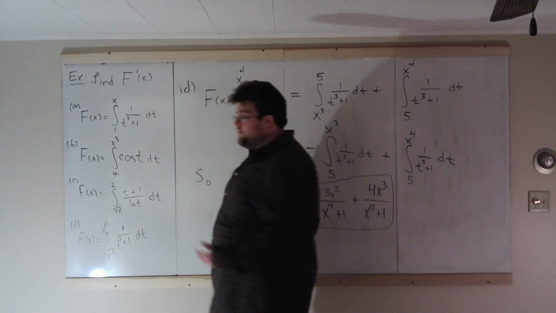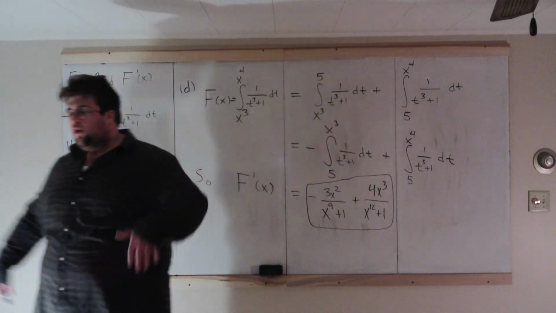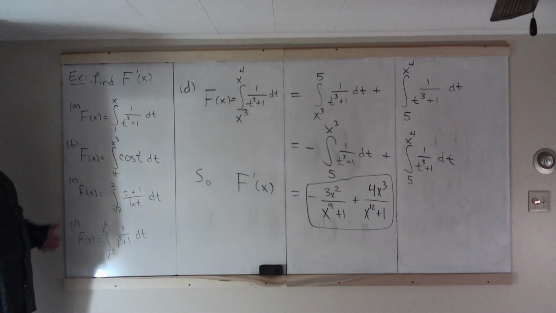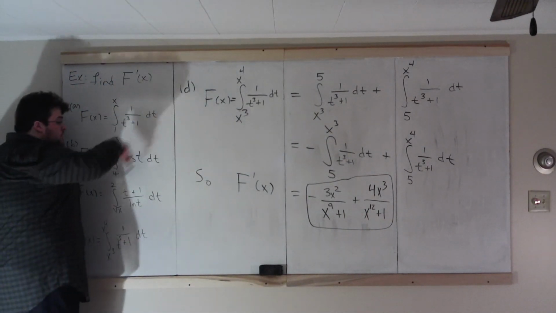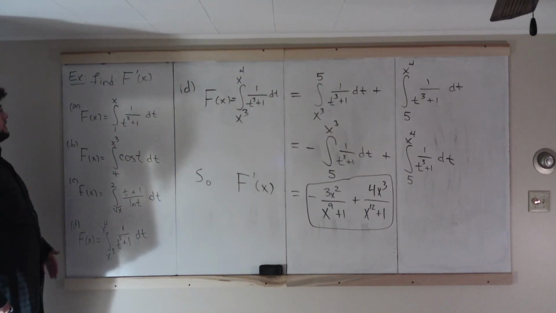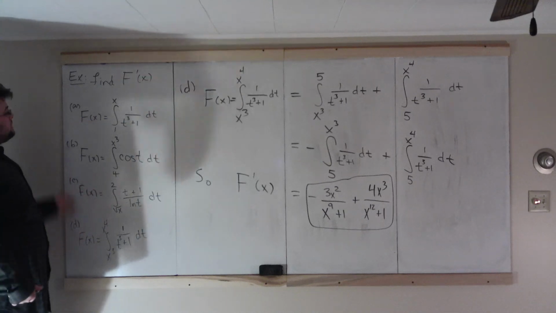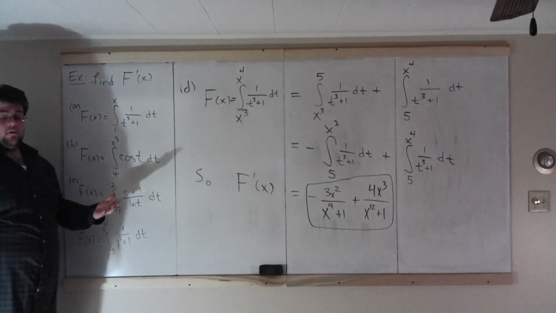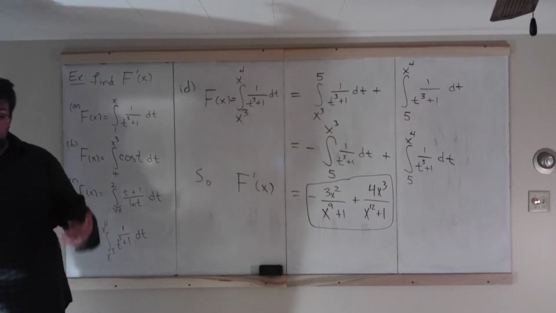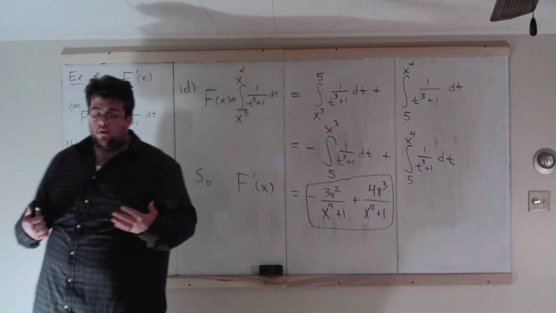The first one of these, and I think the second one on the worksheet, you can do without the first part of the fundamental theorem of calculus, meaning you can evaluate the integral and then take its derivative. But the first part says you don't have to do those two steps. You can do it in one step. But do try the first two fundamental theorem of calculus part 1 questions both ways.